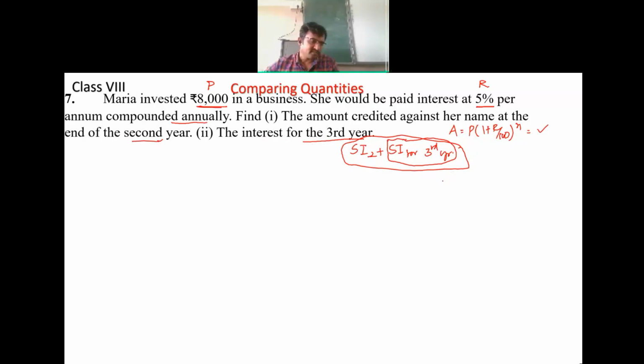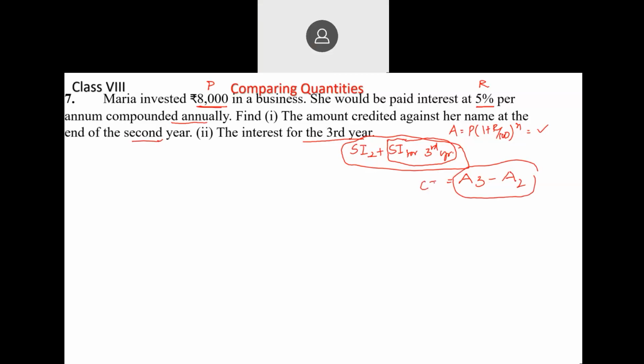Tell me, what is the amount for third year minus the amount for second year? This is the interest.